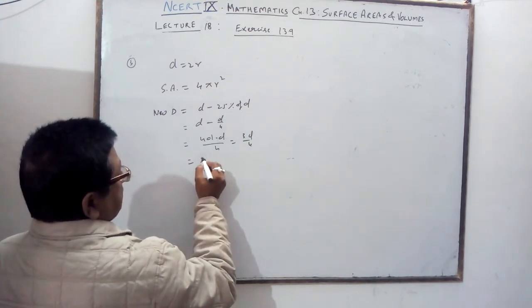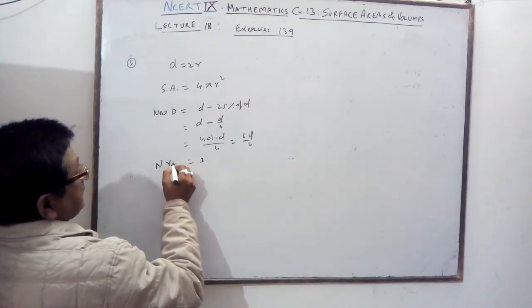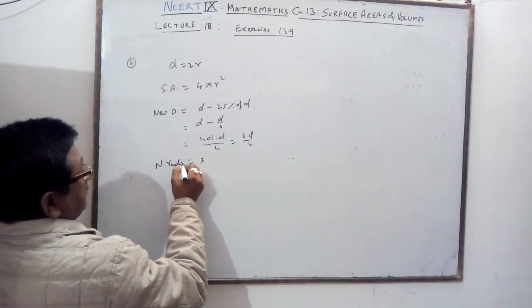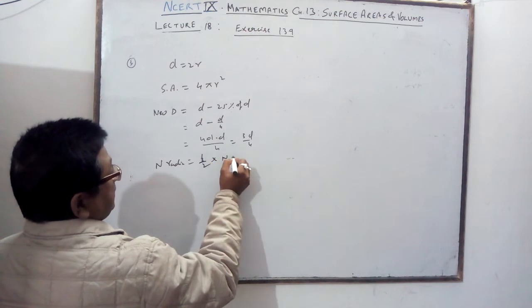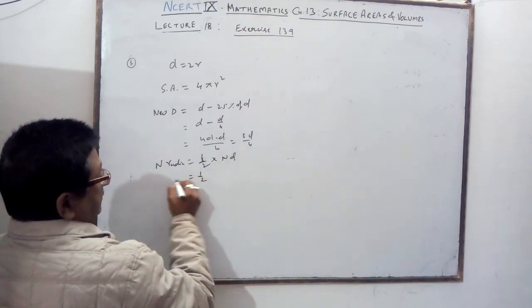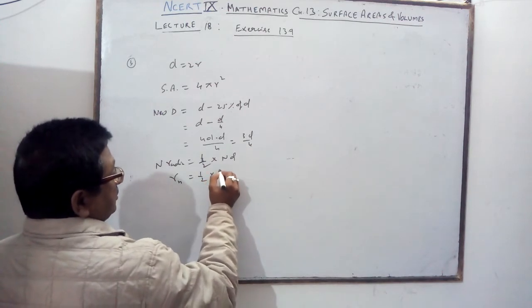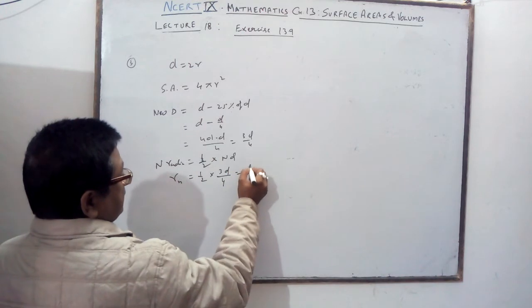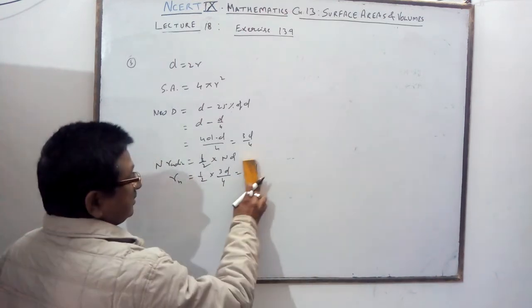Therefore the new radius is equal to half of the new diameter, that is half into 3d by 4, so that is 3d upon 8.